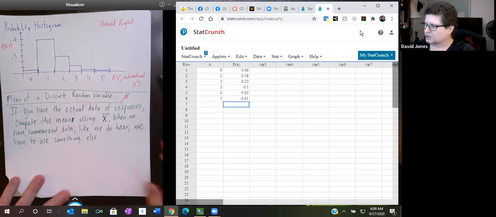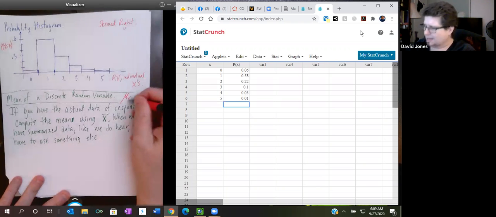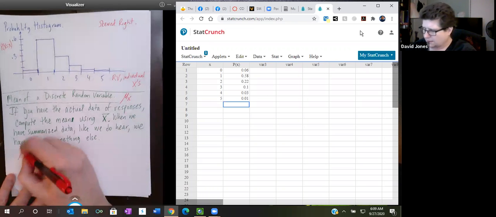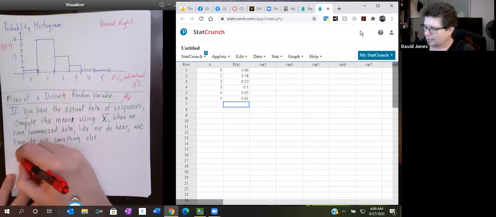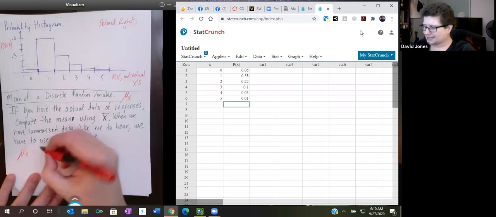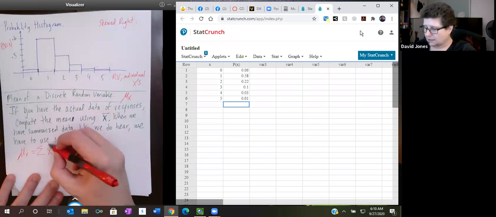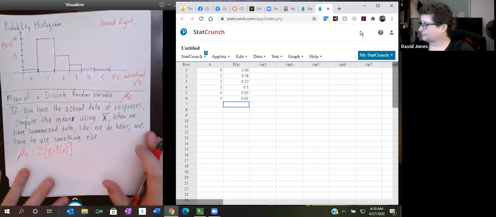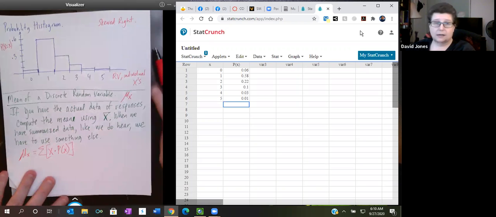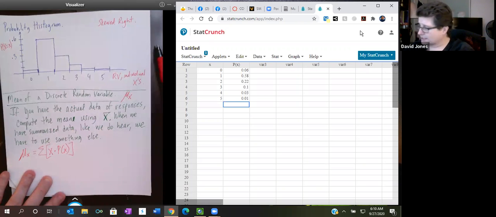And since we're doing it of a discrete random variable, we're going to say the mean of X, the mean of the discrete random variable. For a model like this, I told you we needed X times P of X, and we take the sum of X times P of X. This is doable by hand. This is called the theoretical mean.